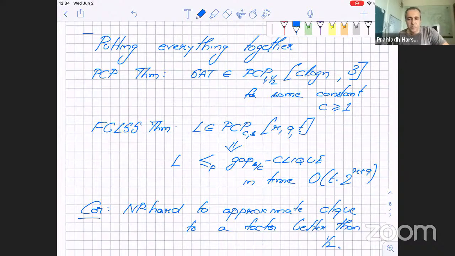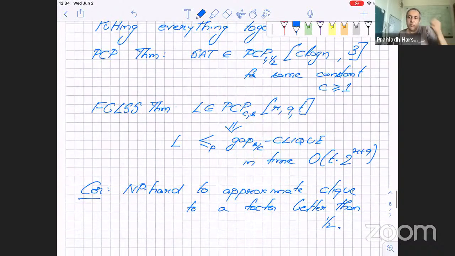Okay. Is this fine? People with me so far? Now, suppose I want to say even 1/3 is hard or 1/10 is hard. That's a better and better result. What does this depend on?